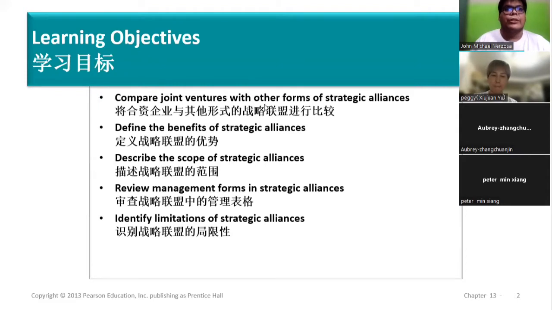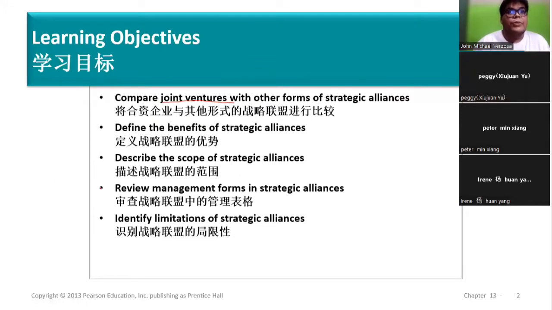Okay, so that is the first. Compare joint venture with other forms of strategic alliance. Next, define the benefit of strategic alliance.